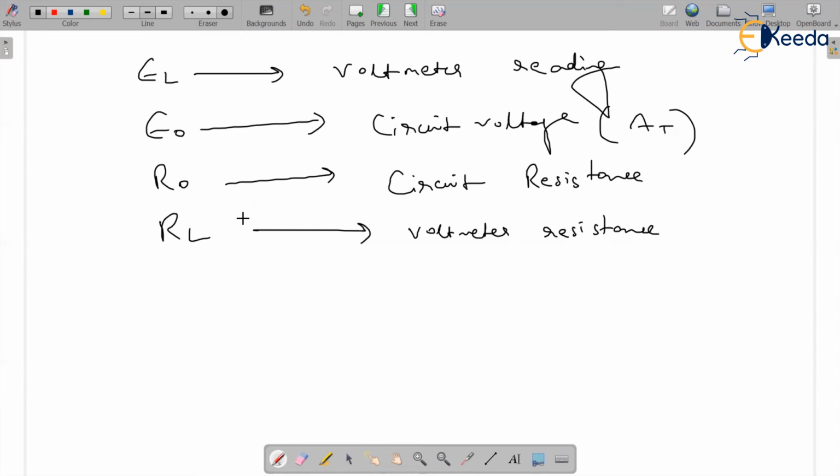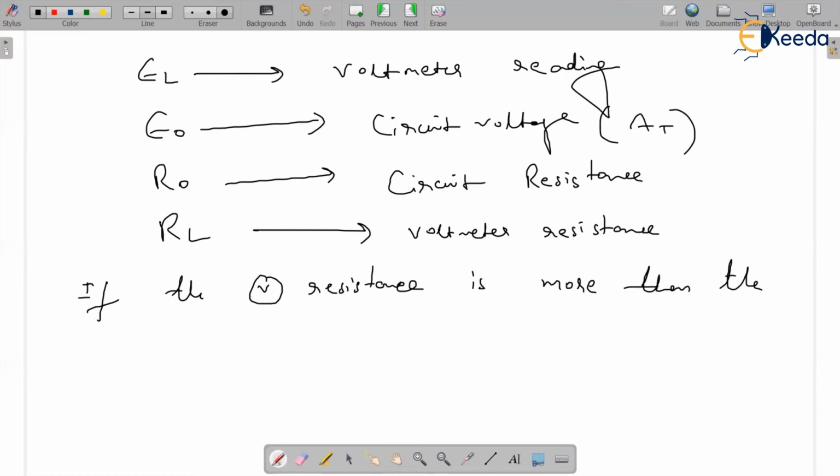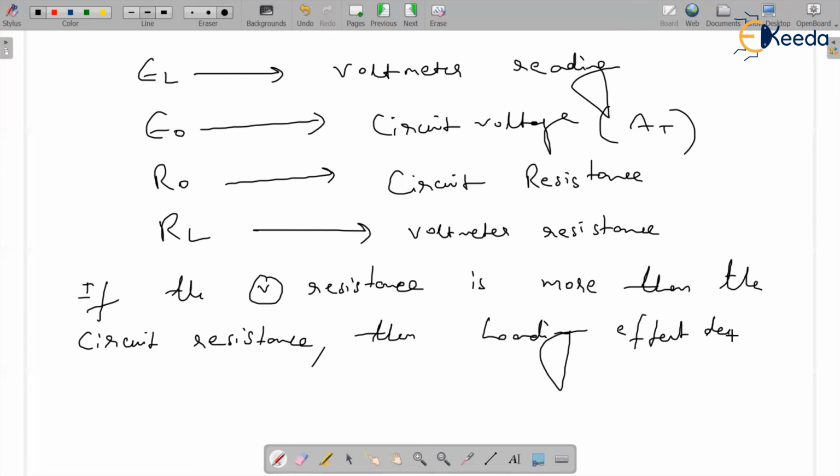Then next step, if the voltmeter resistance is more than the circuit resistance, then the loading effect decreases.